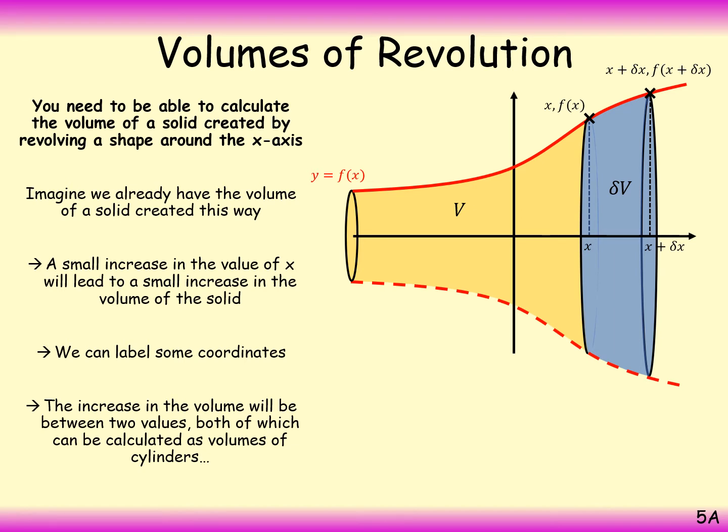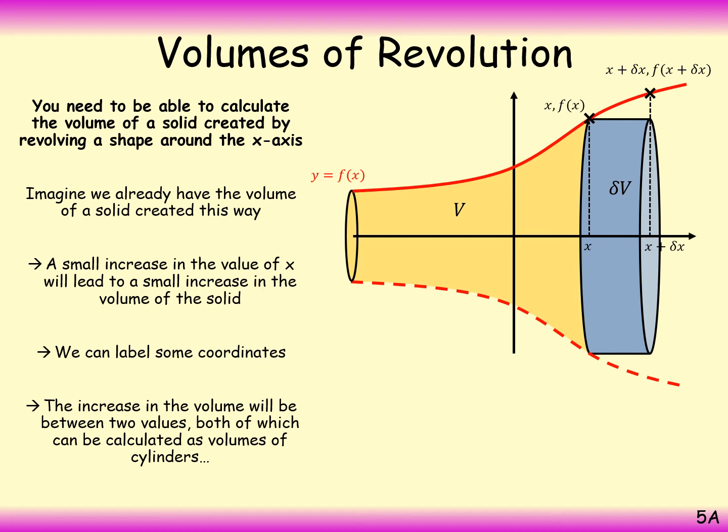So the increase in the volume will be between two values, both of which can be calculated as volumes of cylinders. Because we're dealing with small changes, and that's how, when you're working out integration, area under the curve, you're treating each one of these as a rectangle. So you're making it an area of a rectangle by small changes.